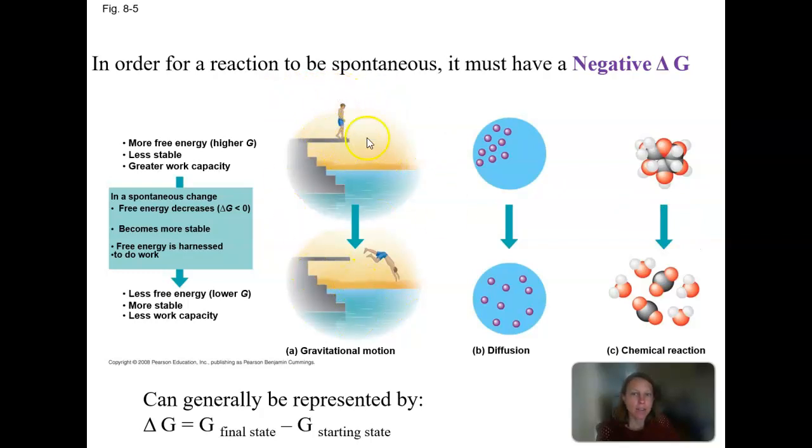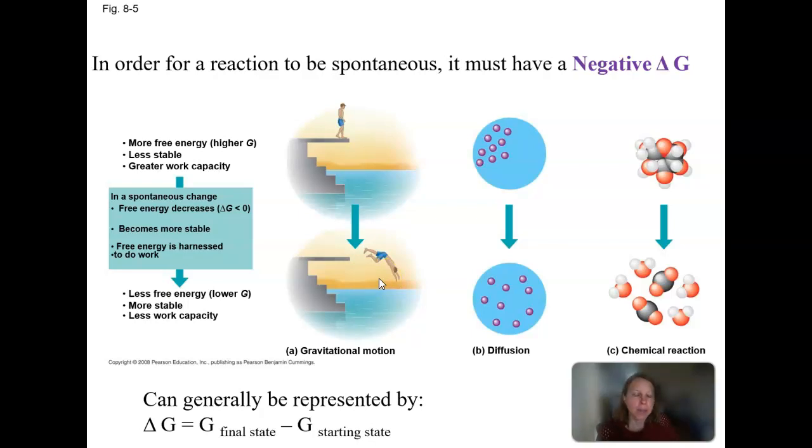Here we have the diver, the swimmer at the top of the diving board, lots of potential energy, and then spontaneous change in free energy where they leap off the diving board into the water. They are less stable here at the top and more stable when they get down into the water at the bottom. This is a negative delta G because the energy is decreasing in this reaction.